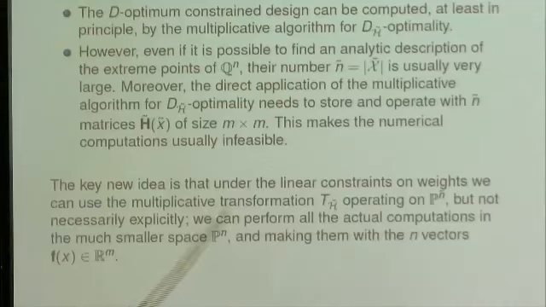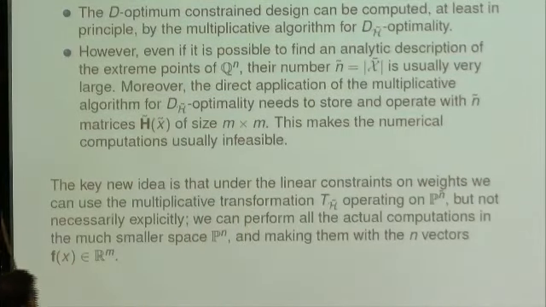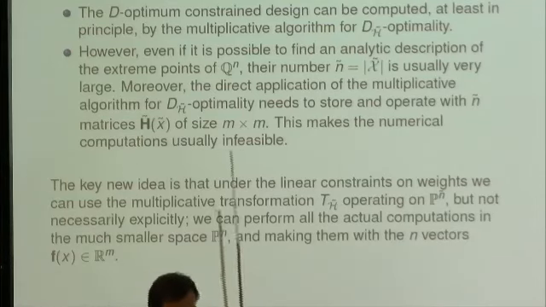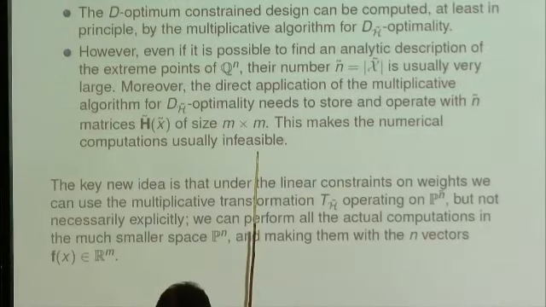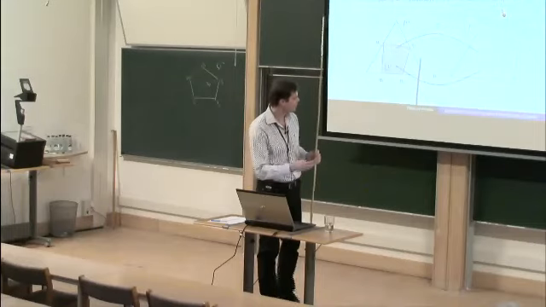We really can use it, but only implicitly, not explicitly. We do not need to evaluate all these. We do not need to store, for example, all these trillion extreme points, a trillion matrices of size m times m. We do not need to calculate with them directly. They are not in the program, they are not in the memory. We just use them mathematically, implicitly. And the actual computations are only with the constraint designs in the primary space.